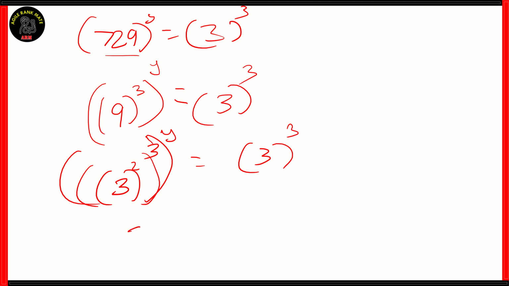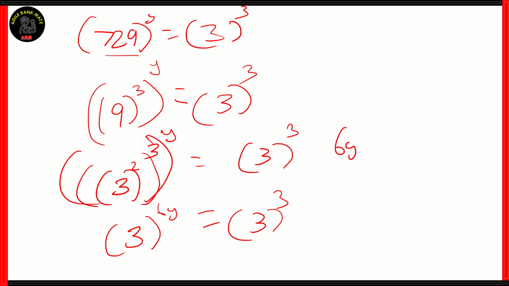If we multiply this we get 3 raised to 6y is equal to 3 raised to 3. Since the bases are equal, the powers are equal, so 6y equals 3, y is equal to 3 divided by 6, which is equal to 1 by 2.